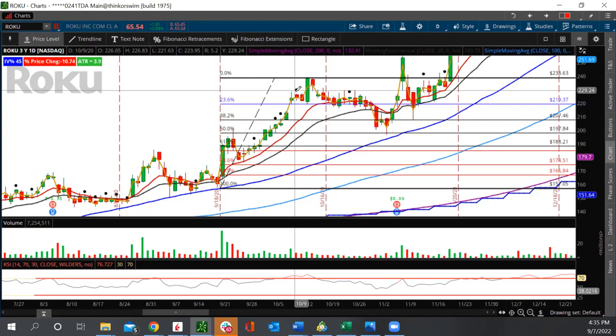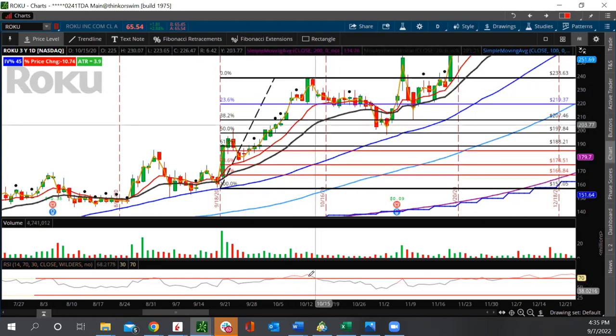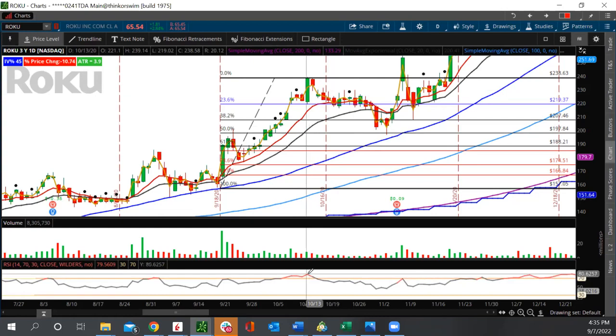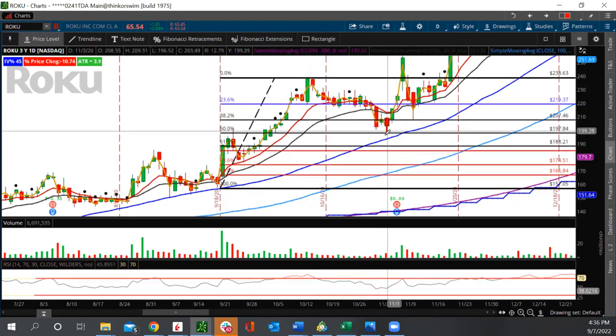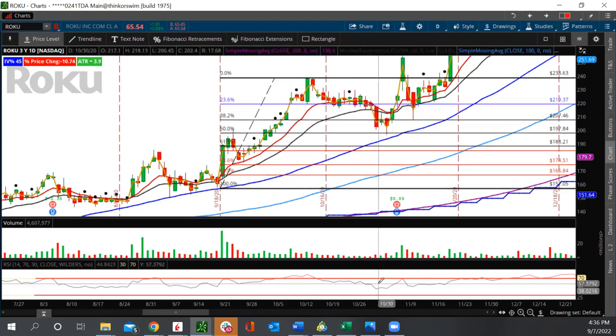So when something is overbought, you can expect price to pull back, and that's exactly what happened here. It got above the 70 level, was overbought, and pulled back. Now, when it hit this 50% retracement, RSI was closer to the middle, the median between overbought and oversold.